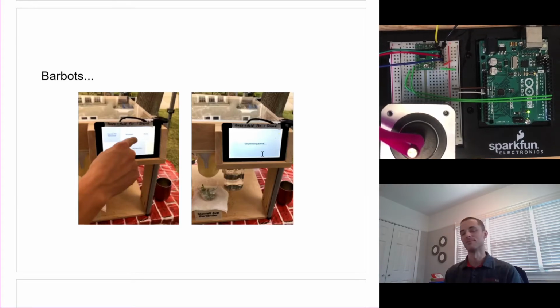I don't drink. Those are the drinks other people chose. So those are the 5 that I had it dispense from, I believe, 17 different bottles into a cup, depending on which button you pressed.